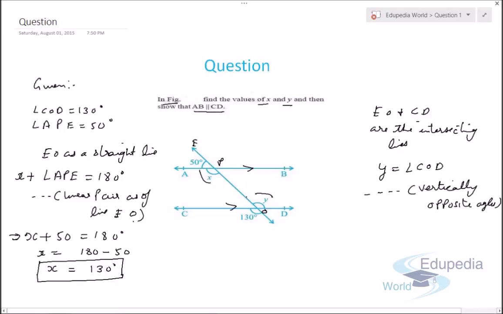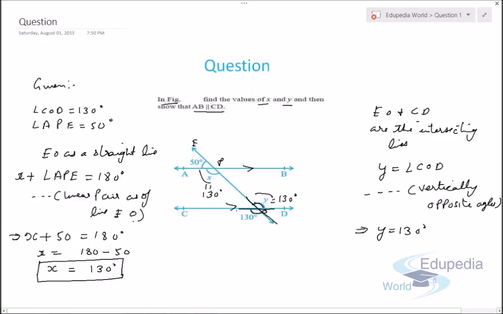Because if we consider this line and this line, they have a common point O and they make the same angles with the same line, like this angle y and this angle 130. We discussed in the previous videos how to identify vertically opposite angles. So angle y equals 130 degrees, and also x is 130 degrees.